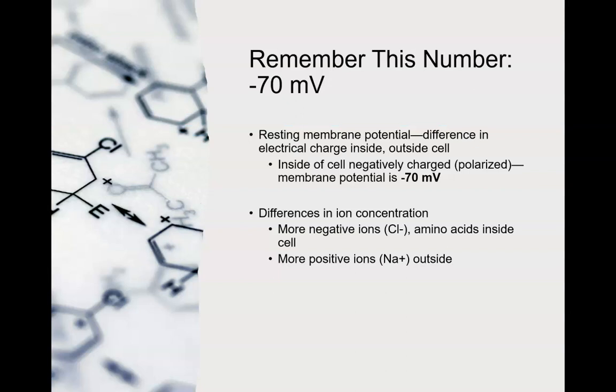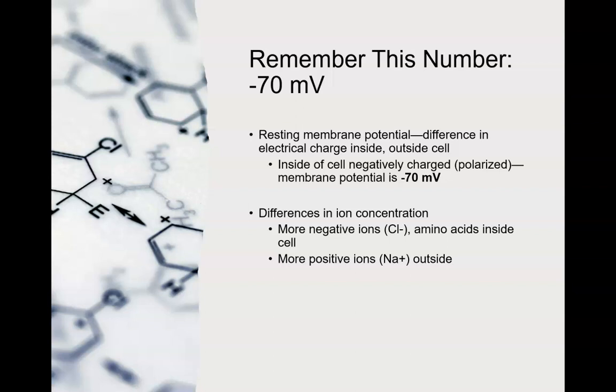So I want you to remember this number. -70 millivolts. This is the resting membrane potential. And basically, the reason that we have this resting membrane potential is because we do have a difference in electrical charge inside and outside of the cell. And because we have differences in electrical charge, we can basically say that the neuron's cell membrane is what we call polarized.